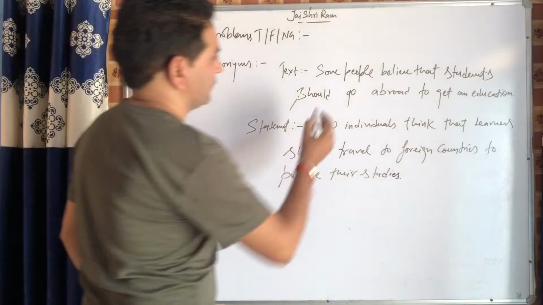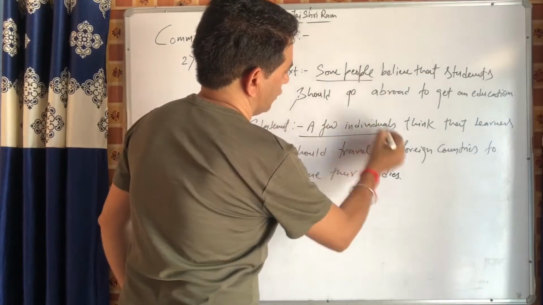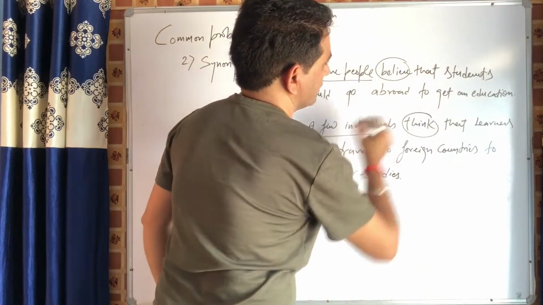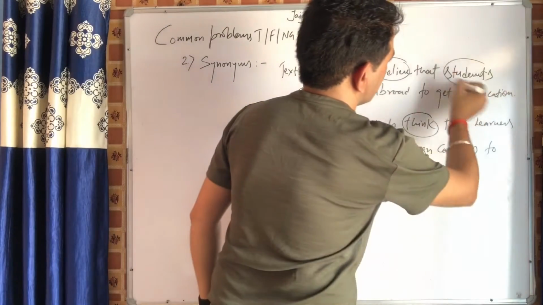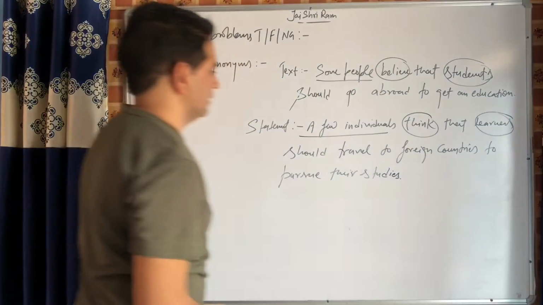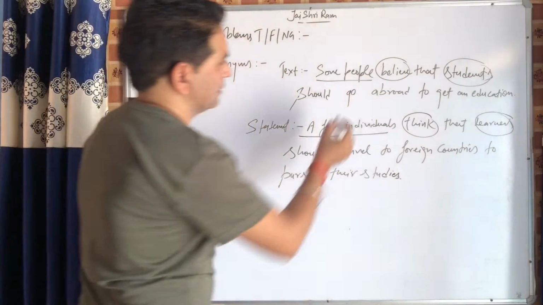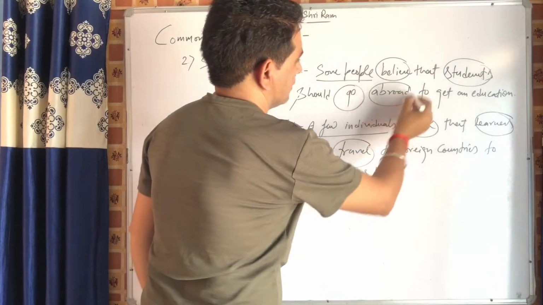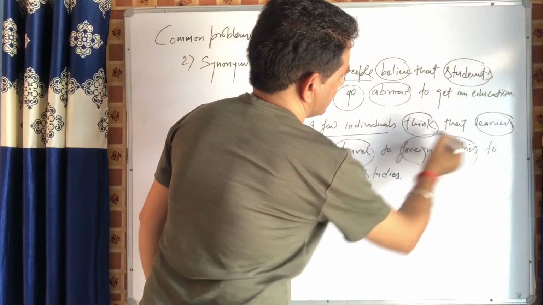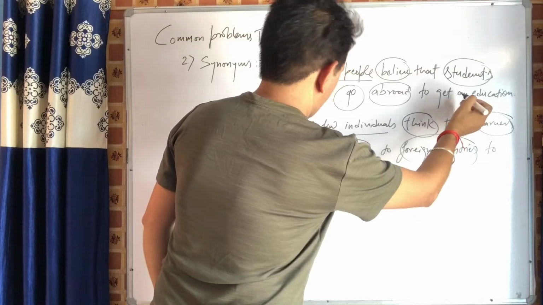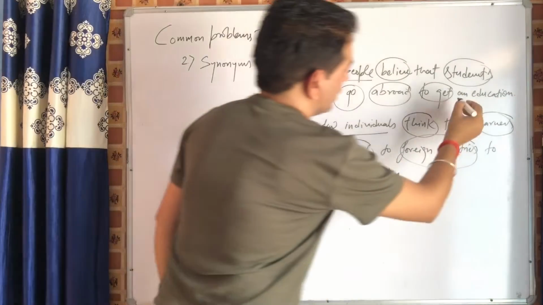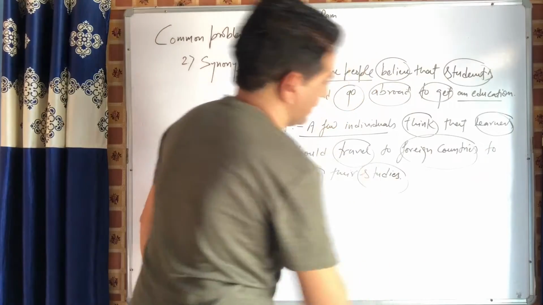First one is a few individuals, then second one is think, next one is learners, next one is travel, then foreign countries, to get, pursue, an education, studied.